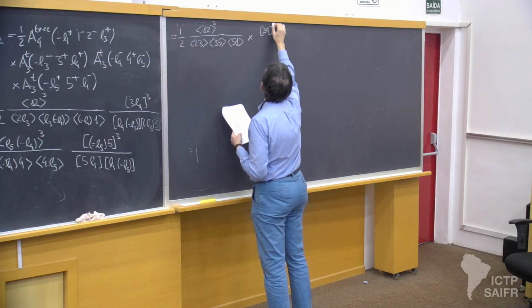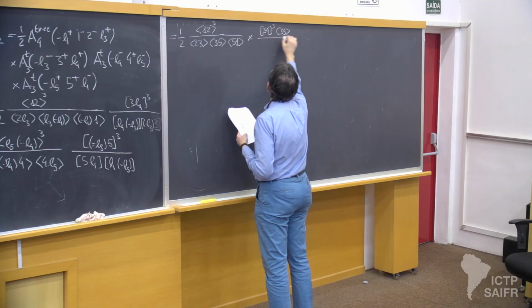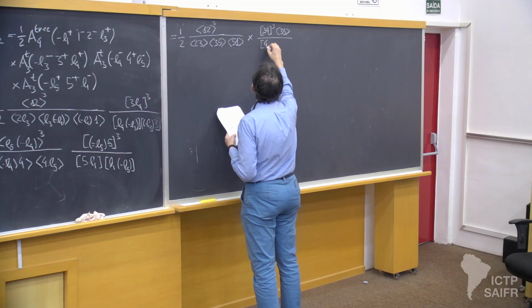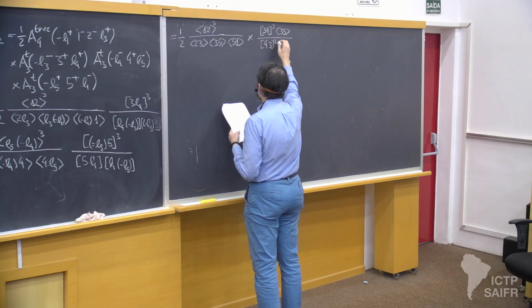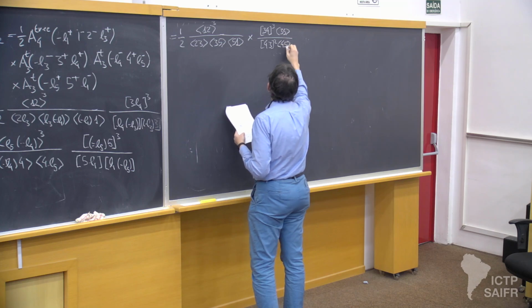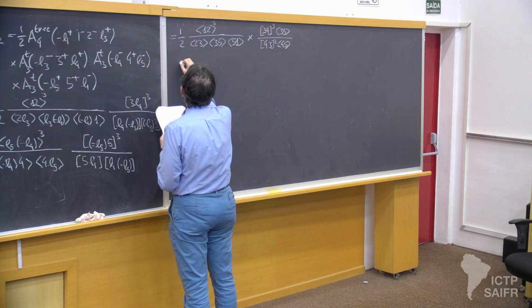Let's see here, we have 3, 5. But they also show up sometimes in the numerator. And we have 4, 3 squared. I think I should stop at that point on the board.